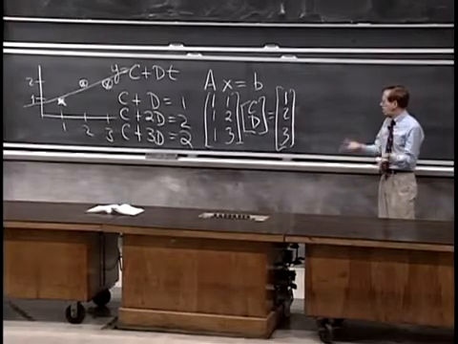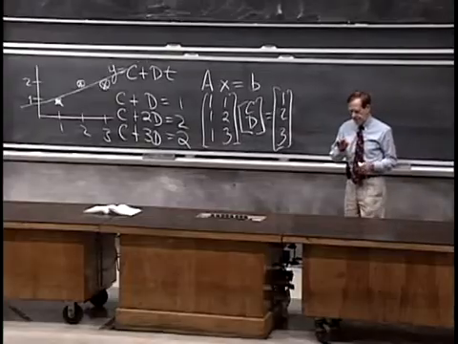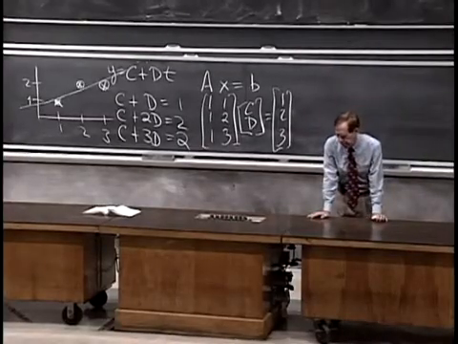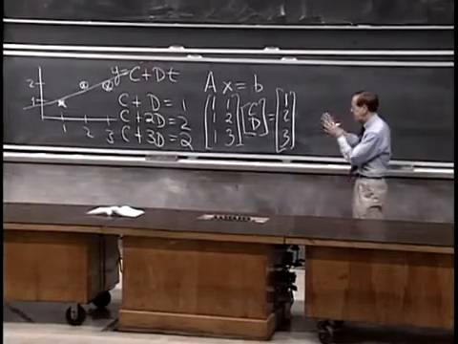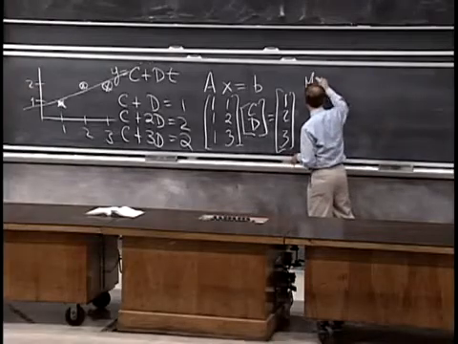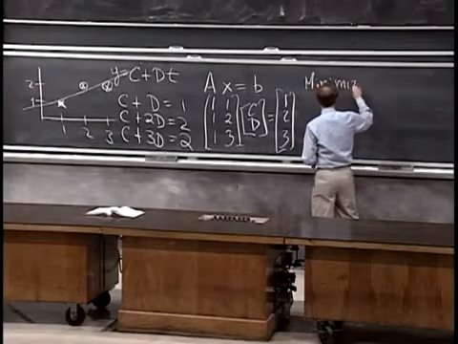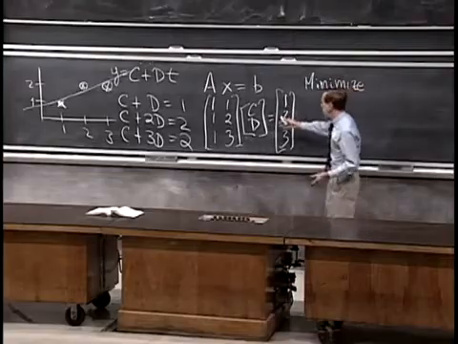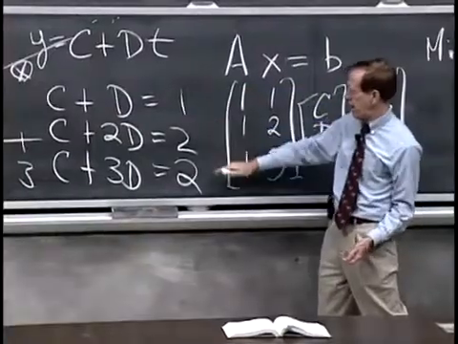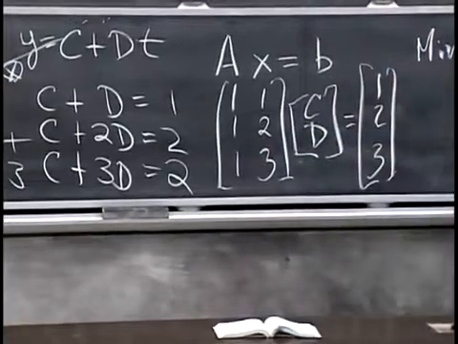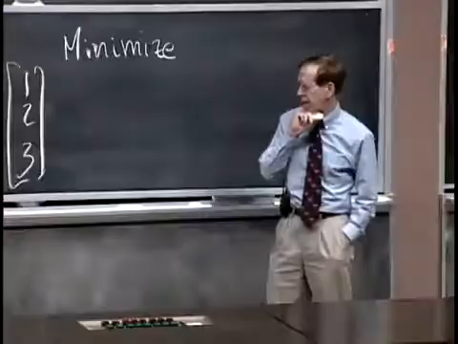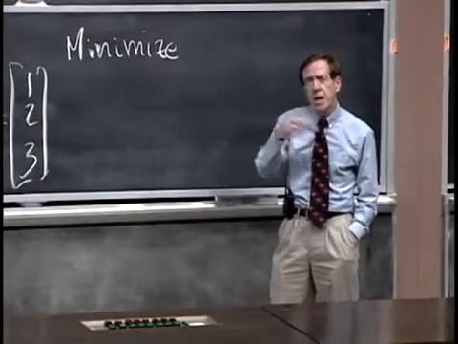So what would best possible mean? The way that comes out to linear equations is I want to minimize the sum of these. I'm going to make an error here, I'm going to make an error here, I'm going to make an error there. And I'm going to square and add up those errors. So it's a sum of squares.